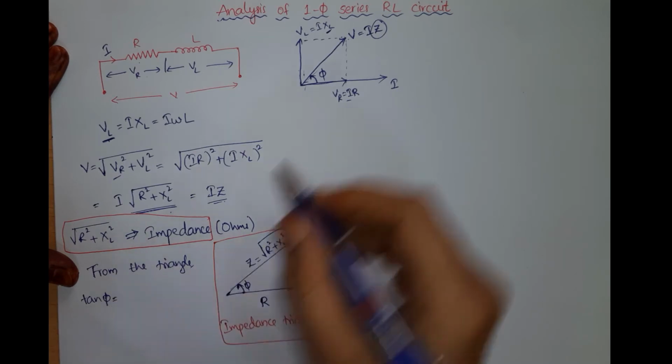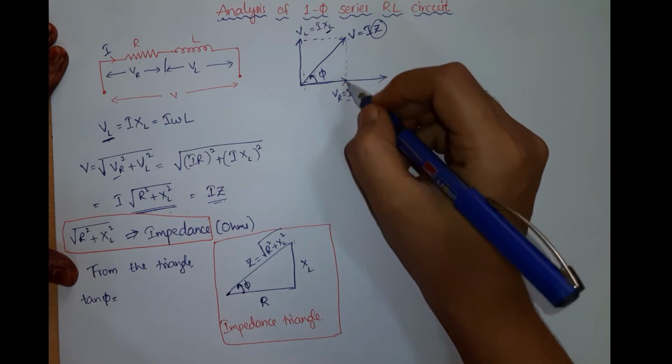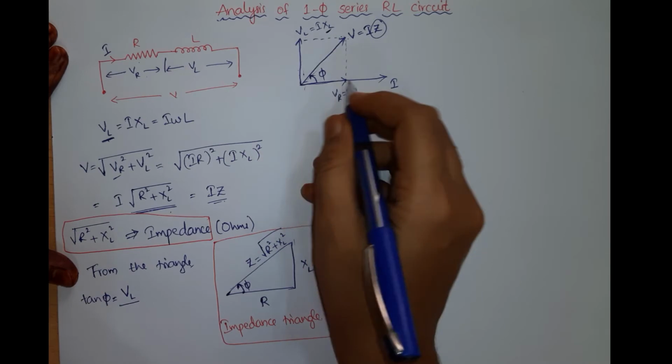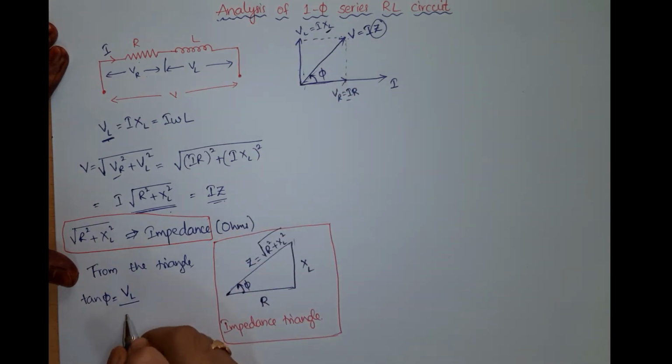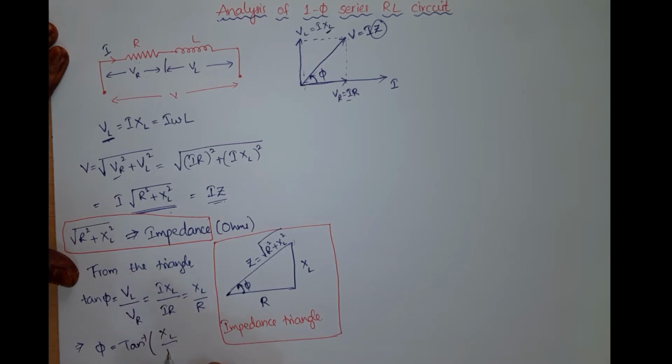Tan is nothing but the opposite side, that is VL, by the adjacent side, VR. That is I XL by I R. So that gives us XL by R. That means the phase angle phi can be determined from tan inverse of XL by R. This gives the value of the phase angle phi.